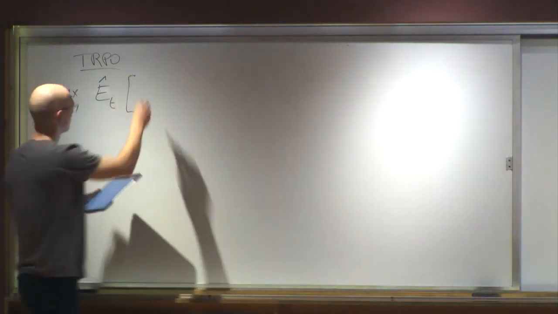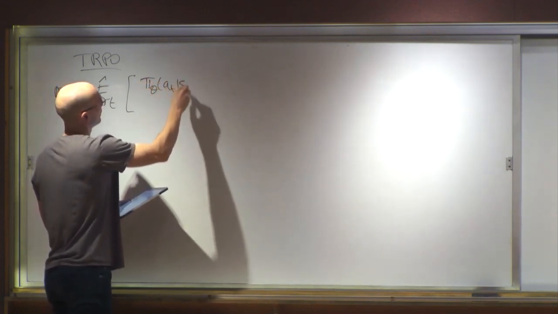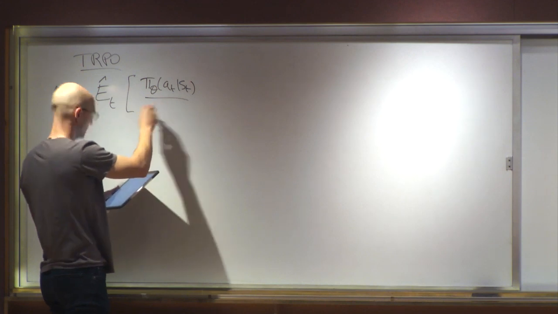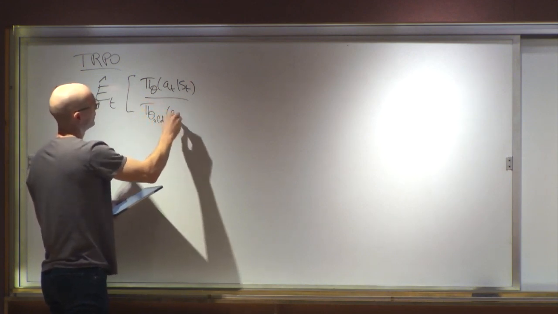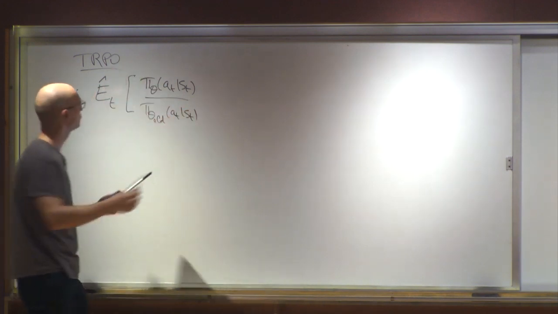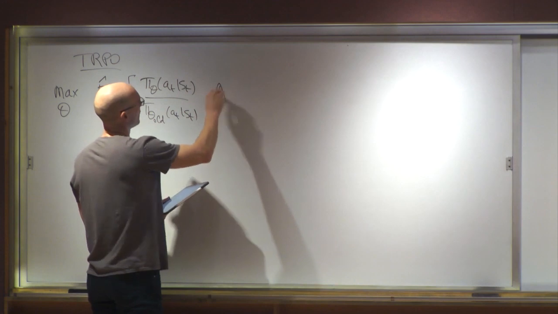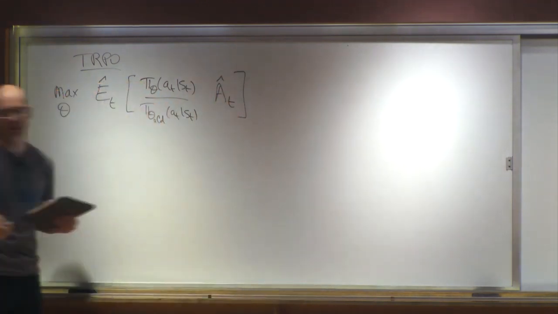Empirical expected value of pi theta at given st over pi theta old at given st. This is over all times and counted in any trajectories times our estimate of the advantage of taking that action AT in state ST.